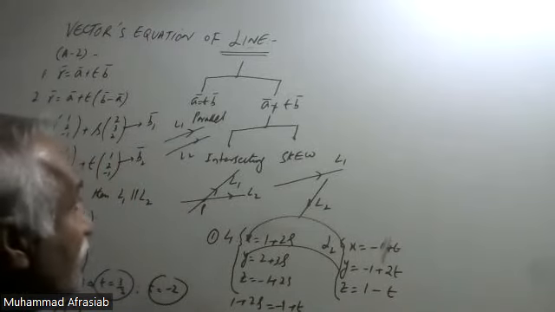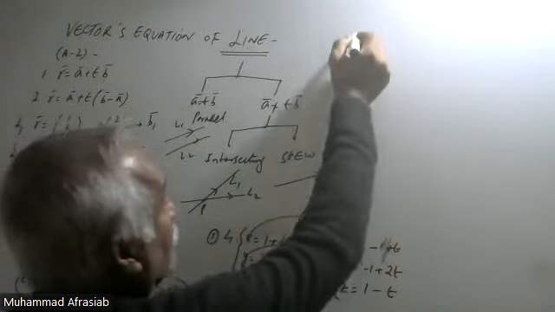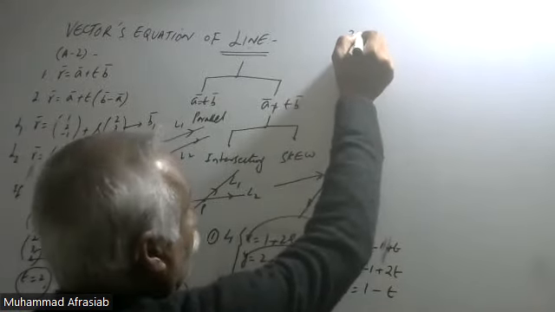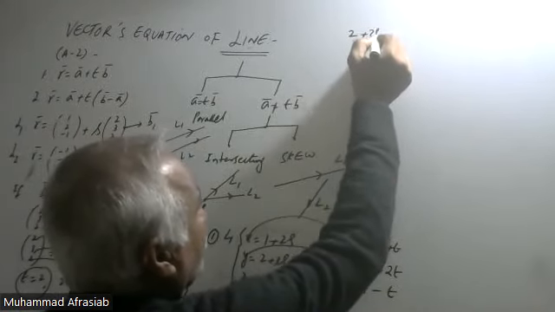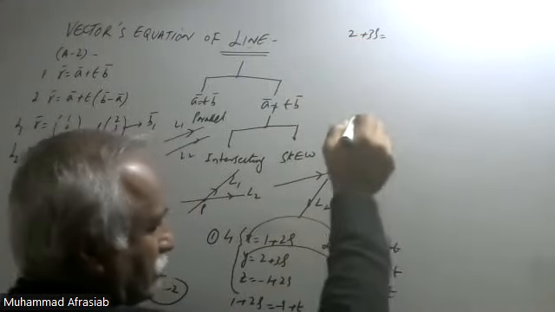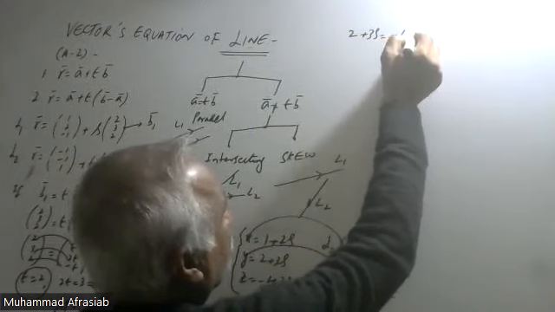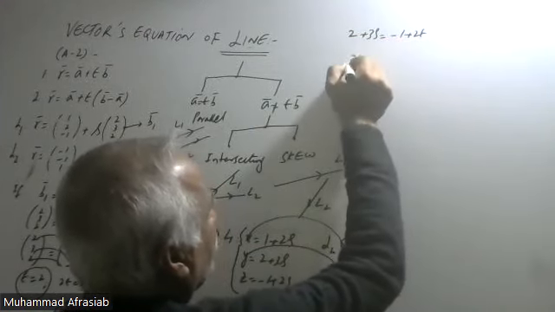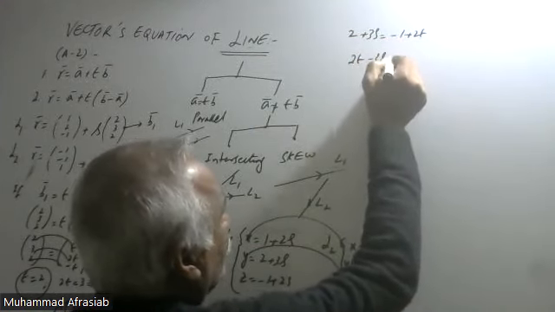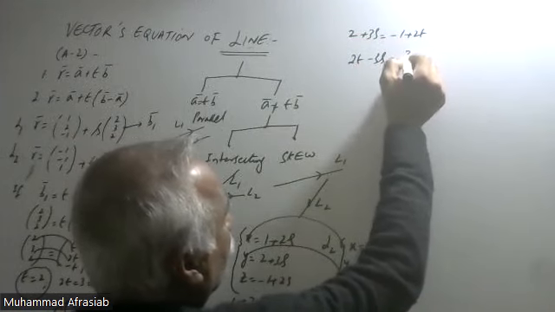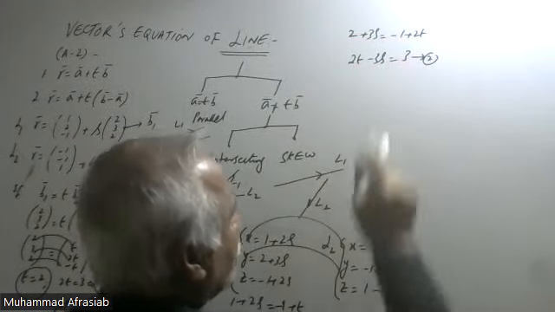If we equate y for these two, then 2 plus 3s is equal to -1 plus 2t. This becomes 2t minus 3s is equal to 3. Let's say that is equation number 2.